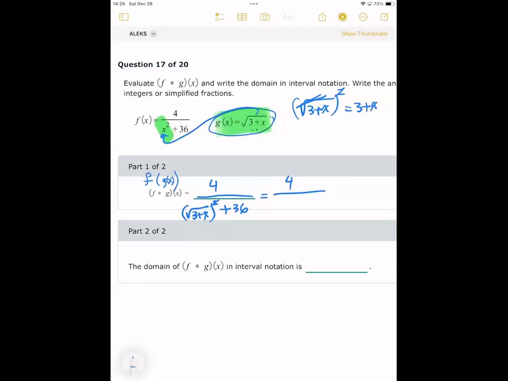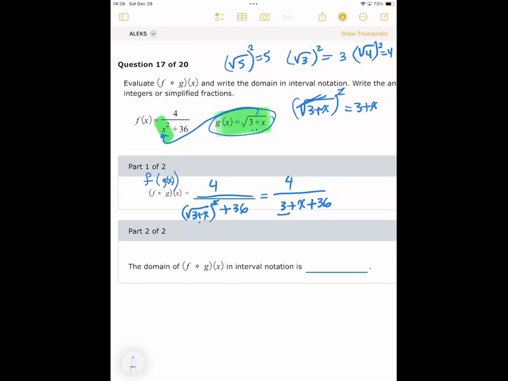Okay? So when you have a square root of 3 to the power 2, this becomes 3. If you have a square root of 5 to the power 2, this becomes 5. If you have a square root of 4 to the power 2, this becomes 4. So again, that piece becomes 3 plus X plus 36.